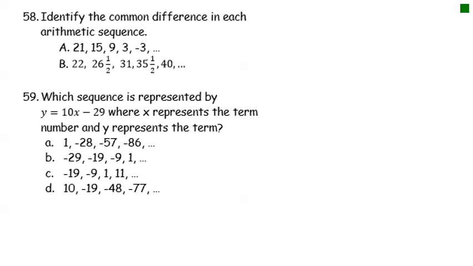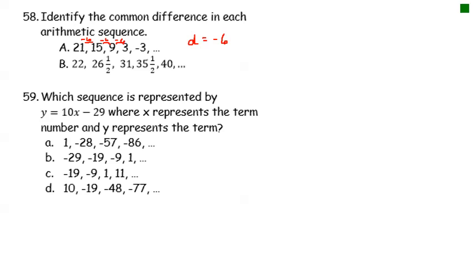All right, 58. Identify the common difference. So the common difference just means, what is it increasing by or decreasing? So we look at A, and we see that each one of those would be decreasing by 6. Okay, so that means our common difference, which we usually say is D, is equal to -6.